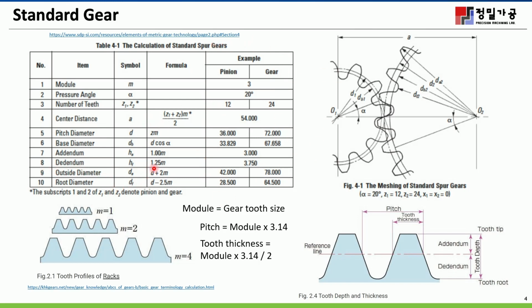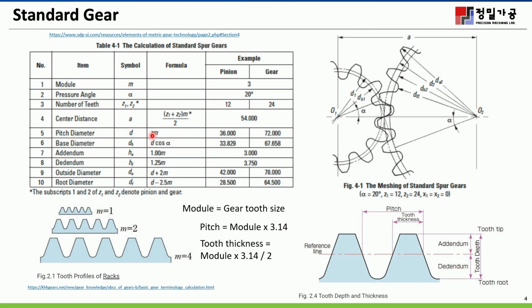So the dedendum is, of course, 1.25 multiplied by module, so equal to 3.750 millimeter. Of course, if you know the addendum and dedendum, you can determine the outside diameter and root diameter by this simple equation. We have to determine the pitch diameter first, by the number of teeth multiplied by module.